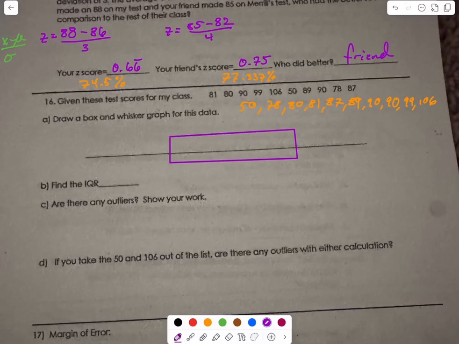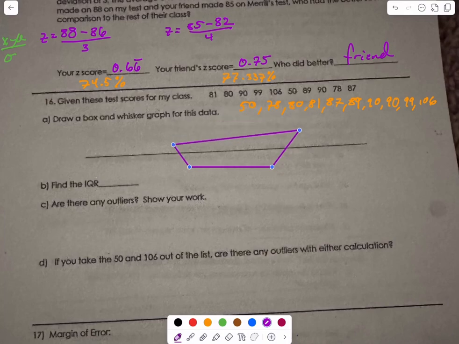I'll do something like this for the time being. Or I know something else I can do. Okay, so we'll work with this. Hopefully this way is a little bit better.